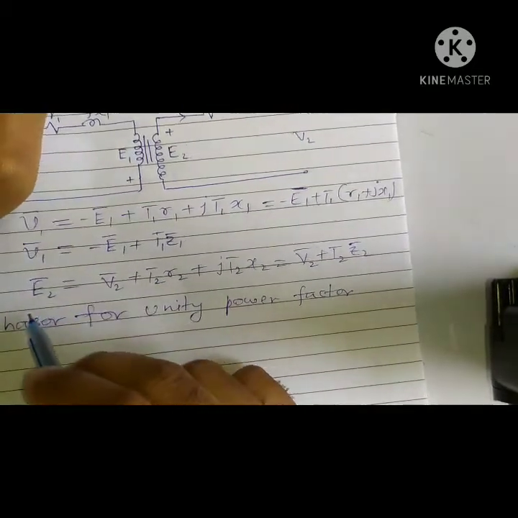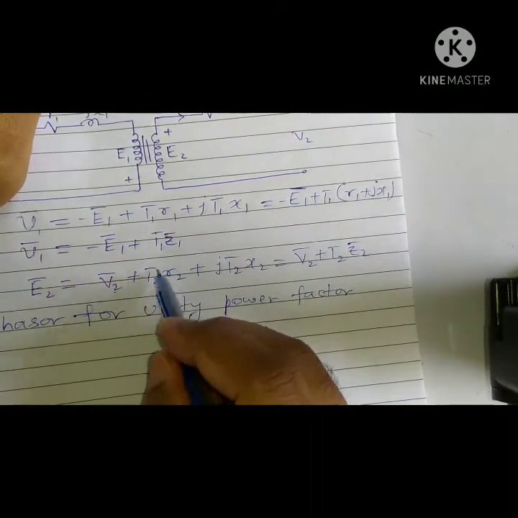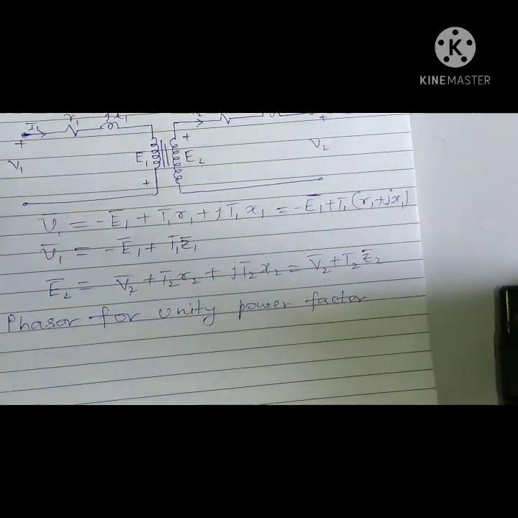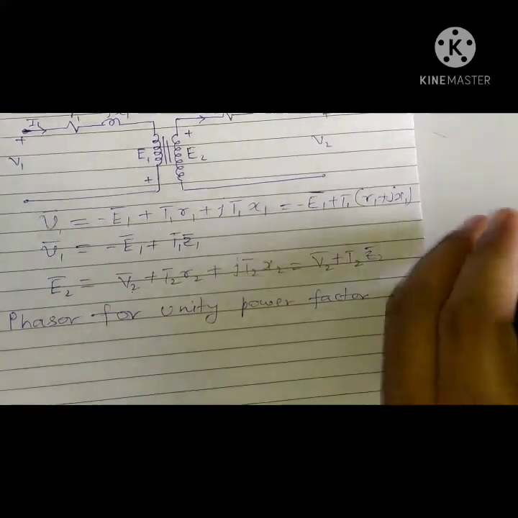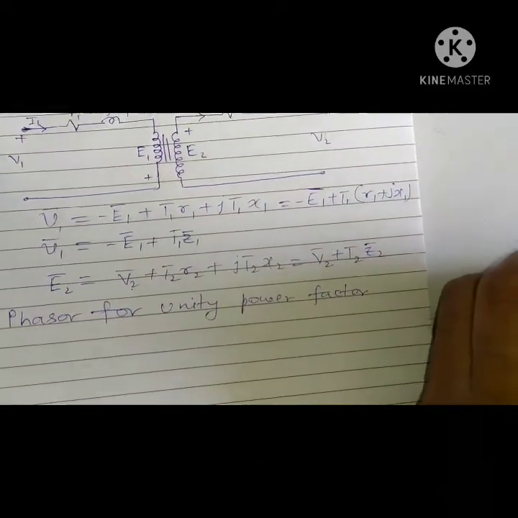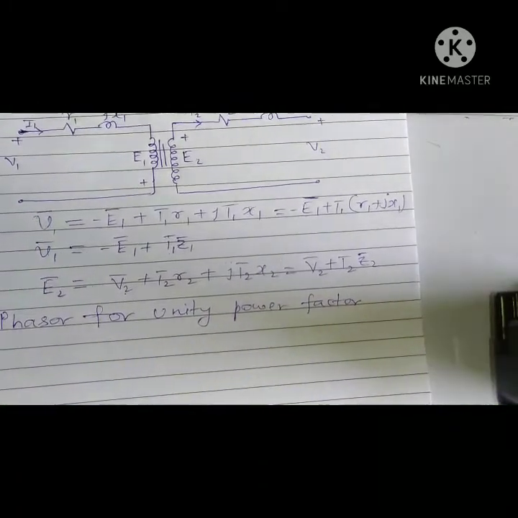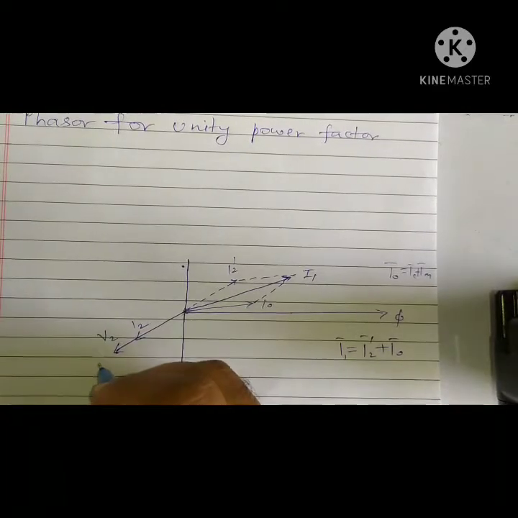Now V2 is shown here. For completing this phasor, V2 plus I2 R2: I2 R2 will be in phase with V2, and I2 X2 will lead V2 by 90 degrees, right? So I2 R2 will be here in phase with V2.